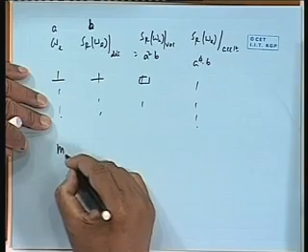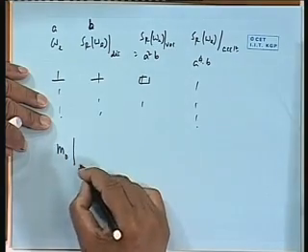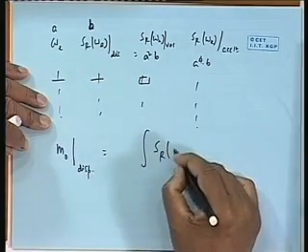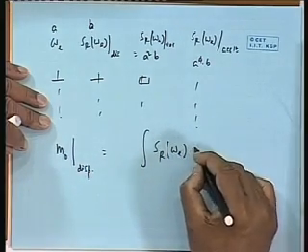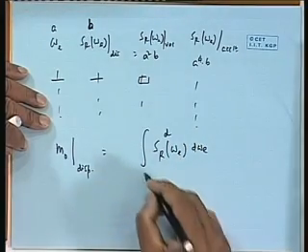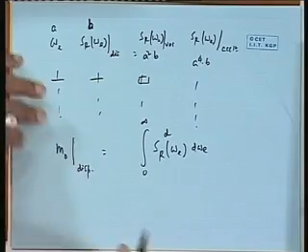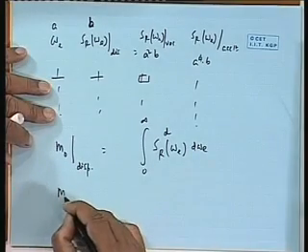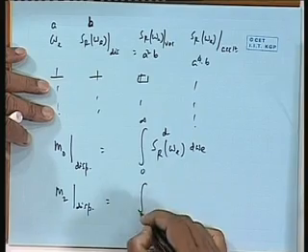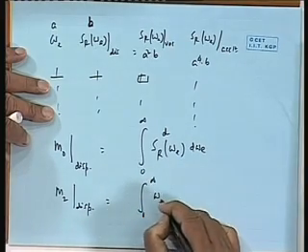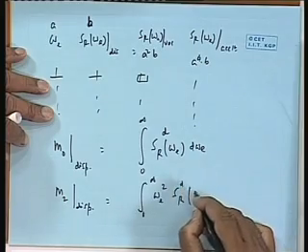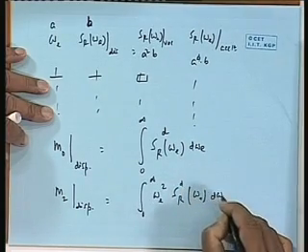Now you see, m0 for displacement is the area under the displacement curve, that is SR omega e d omega e. Let me write this as d for displacement, 0 to infinity. What is m2 of displacement? This is 0 to infinity omega e square SR d omega e d omega e.